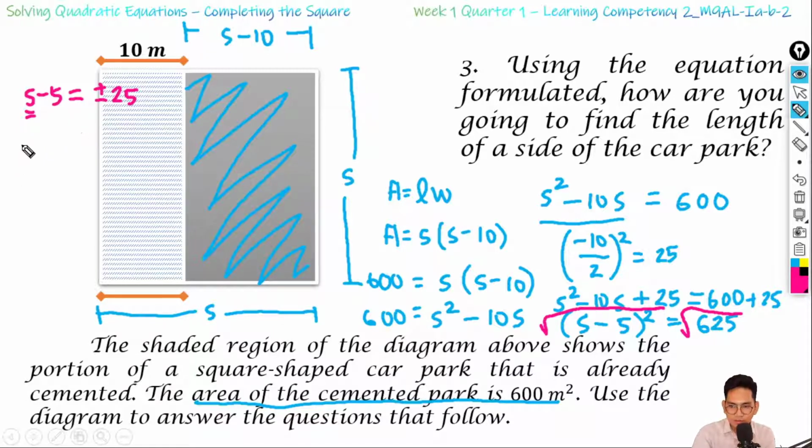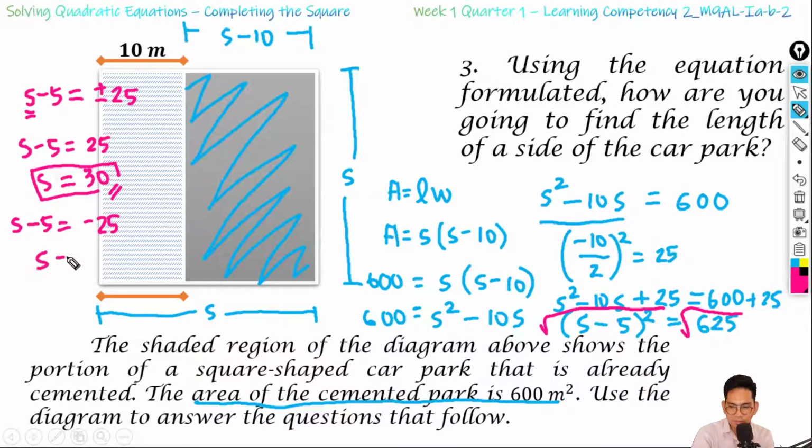And then we will be having S minus 5 is equal to first positive 25. Therefore, we have S is equal to, add 5 to both sides of the equation, we have 30 as the first solution. Or we can also have S minus 5 is equal to, after the positive one, the negative 25. And then add 5 to both sides of the equation.